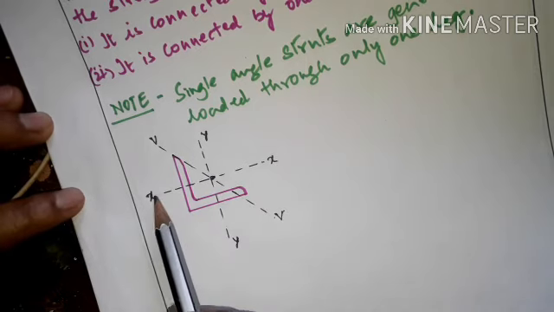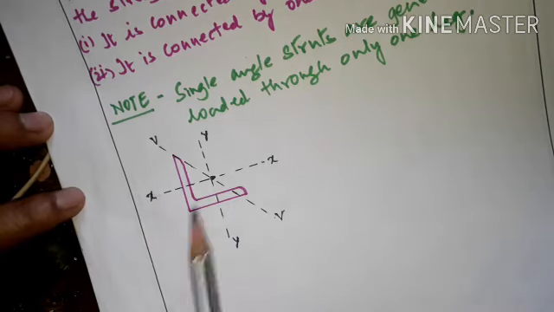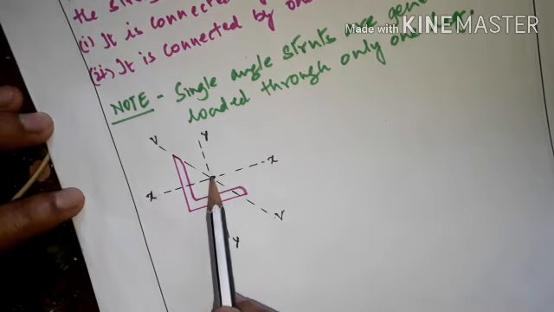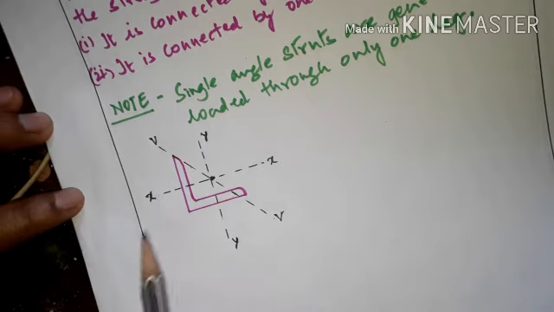The centroid of the section will move away from the member. The centroidal axis is not passing through the member, so we cannot apply force away from the member.